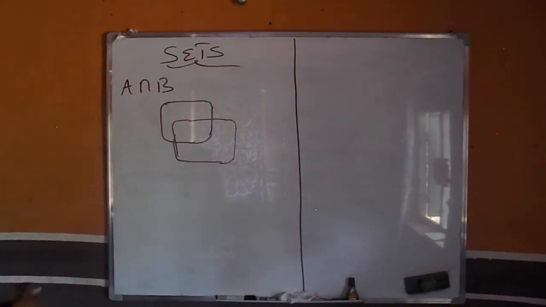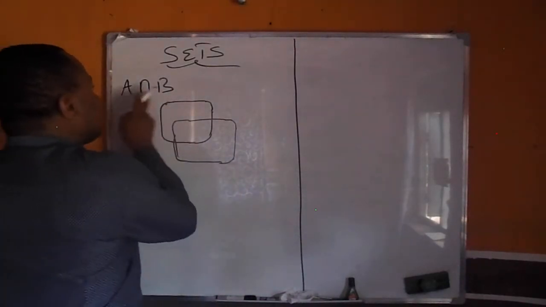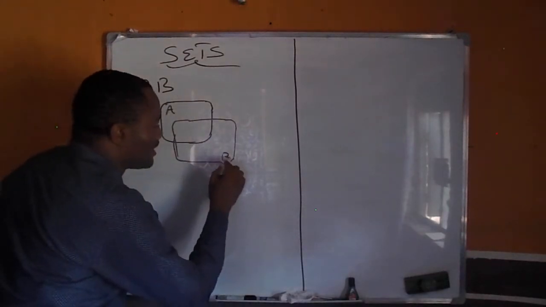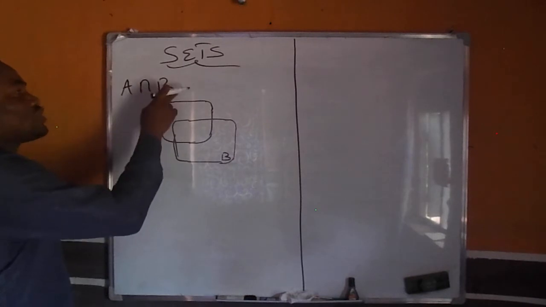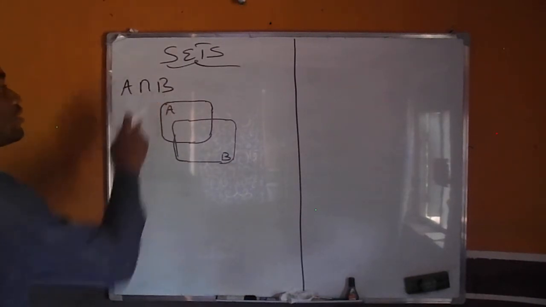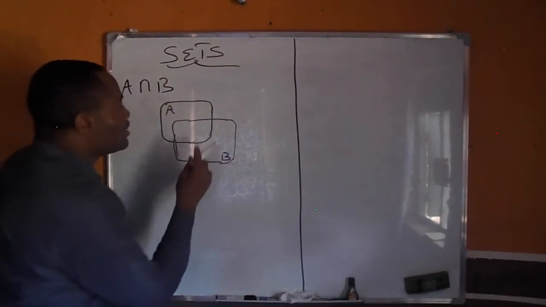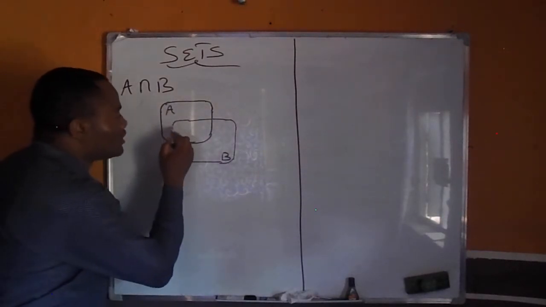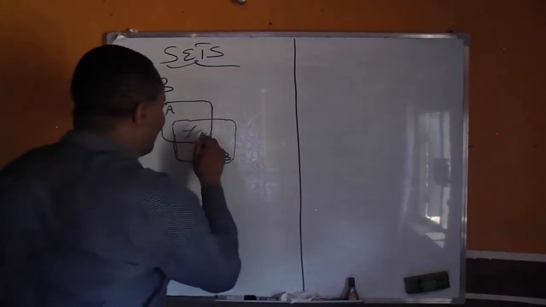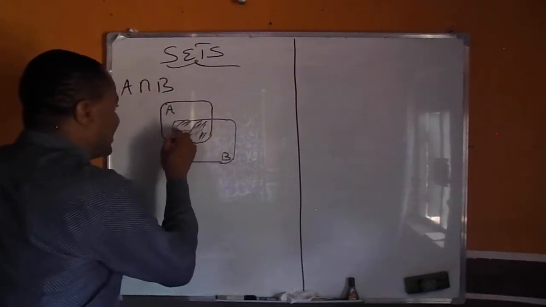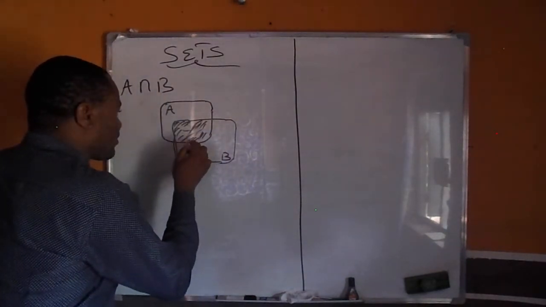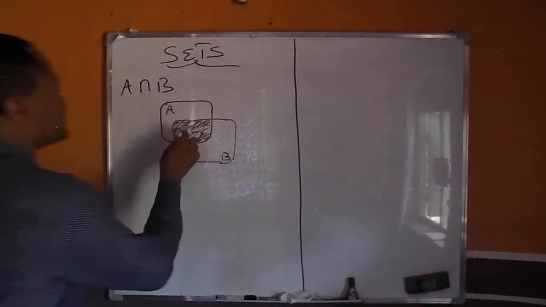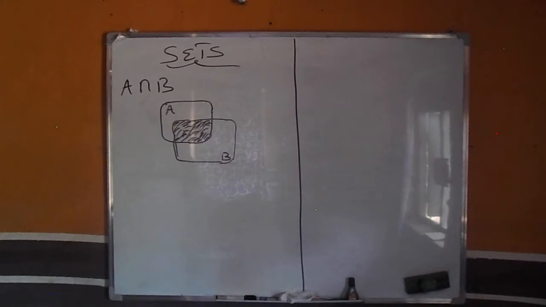If here is A, here is B. A intersection B means what we have in A and also in B. So what is common? A is like this, while B is like this. It's only the middle that is common in both. So the middle will be shaded. So this is A intersection B.